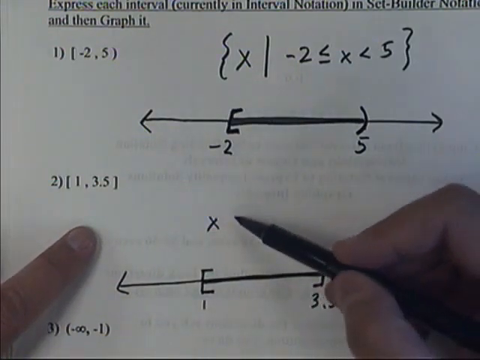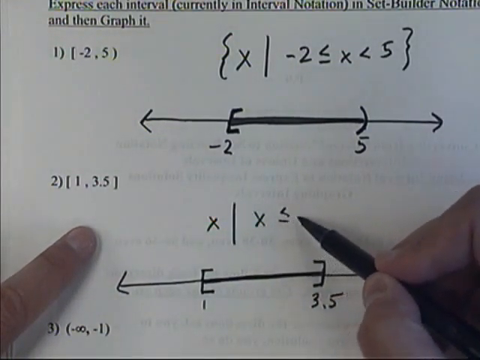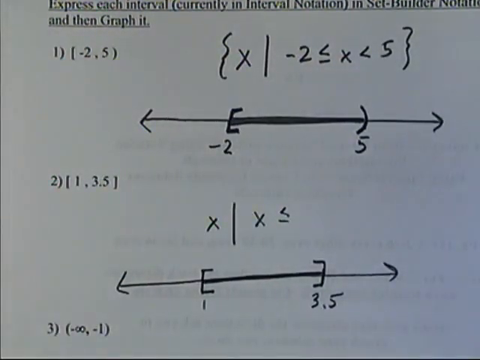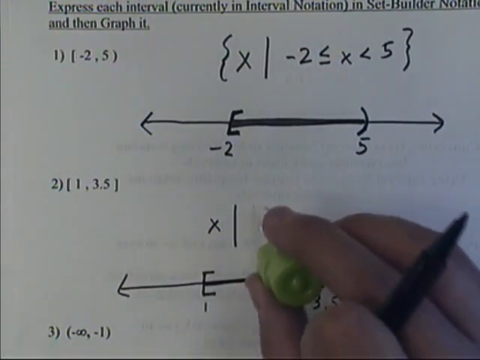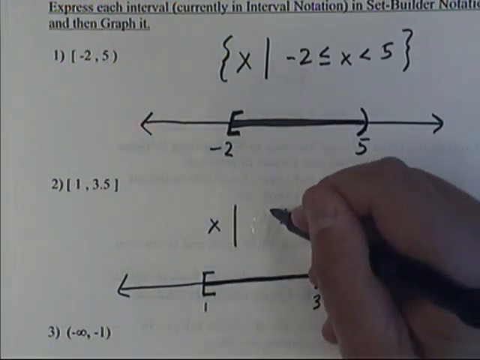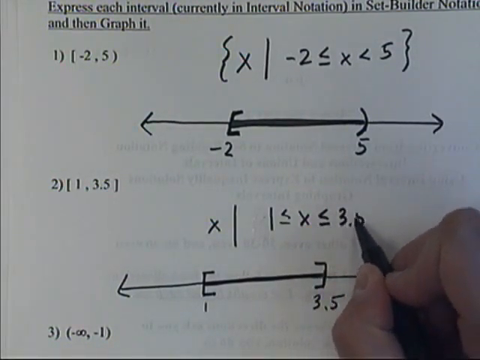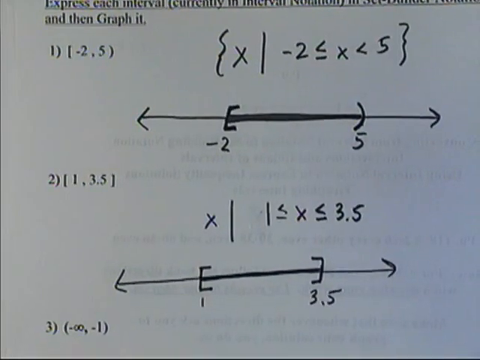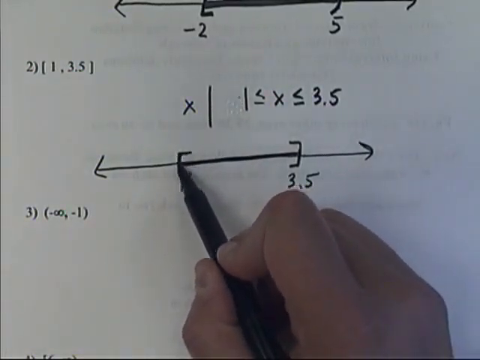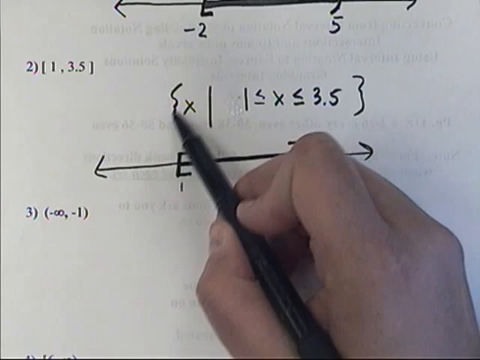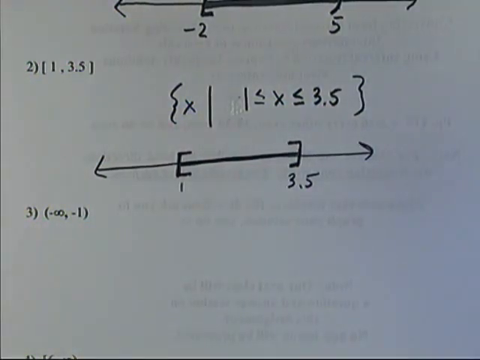So, set builder notation would be all x such that 1 is less than or equal to x, which is less than or equal to 3.5. Again, notice I used or equal to on both of those, simply because they're included here. These brackets mean that those endpoints are part of the set of numbers we're talking about. And our curly brackets, and there you go.